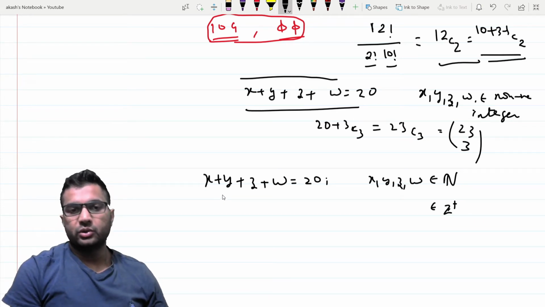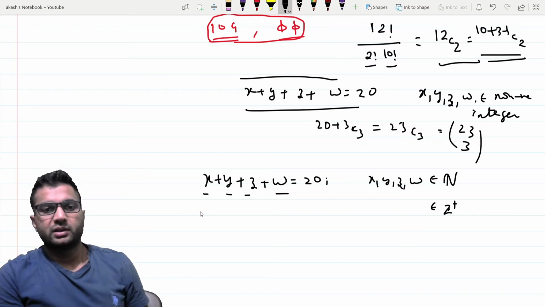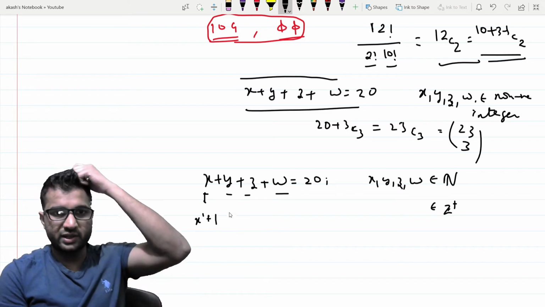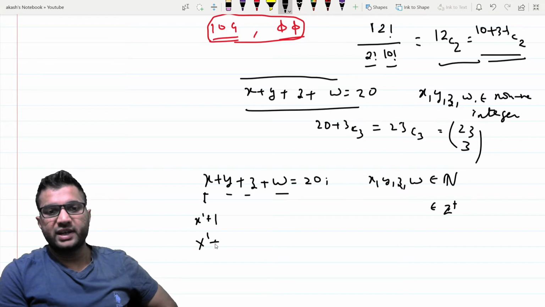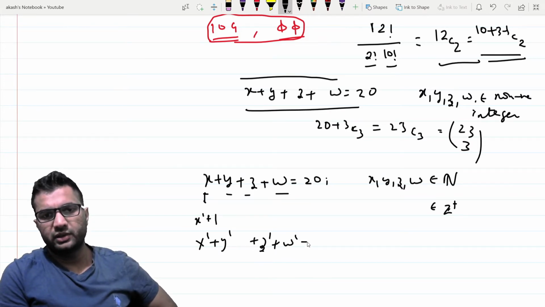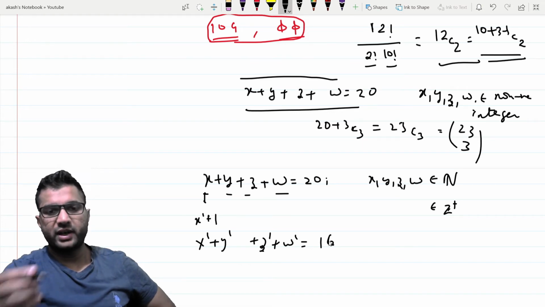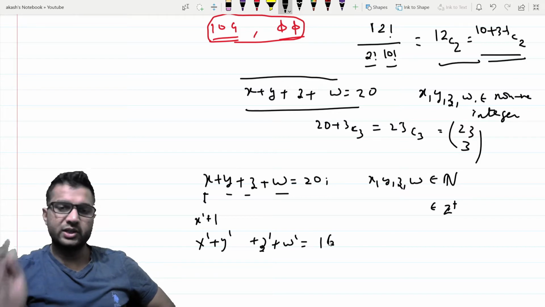We can't assign 0 to any of the numbers, so we have to assign at least 1 to each of these four numbers. One way is to write these as x dash plus 1, y dash plus 1, z dash plus 1, w dash plus 1, so that my new equation becomes x dash plus y dash plus z dash plus w dash equal to 16. Now I can apply the same method, since x dash, y dash, z dash, w dash can each have any value from 0 to 16.